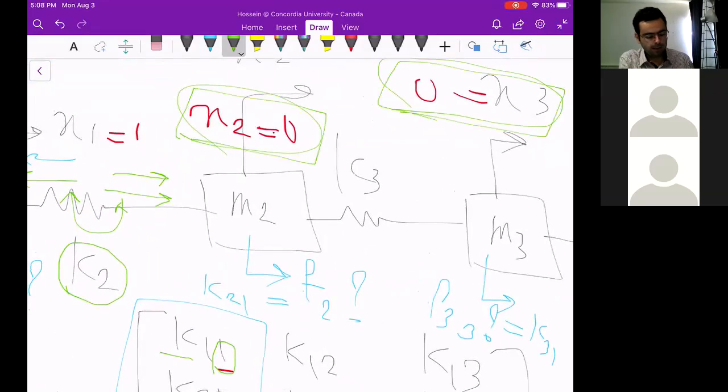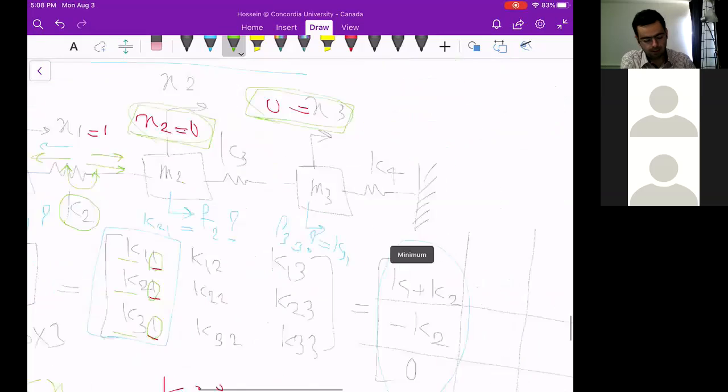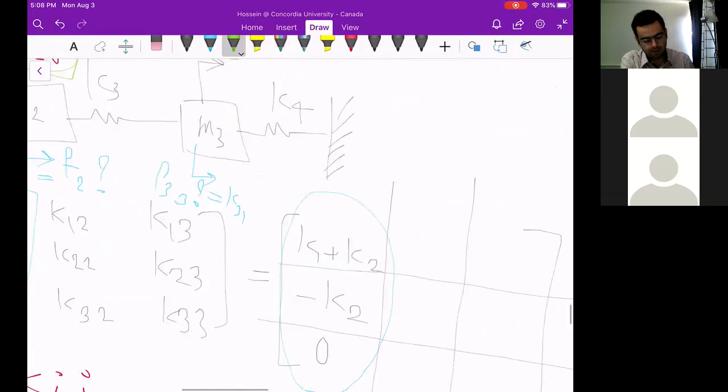And once mass 2 is stationary, there is no reaction force applied to the mass 3, so the force at mass 3 would be 0. Or simply, I could say K1 and K2 are the two forces applied to the mass 1, and there should be minus K2 in order to make sure the mass 2 is stationary.